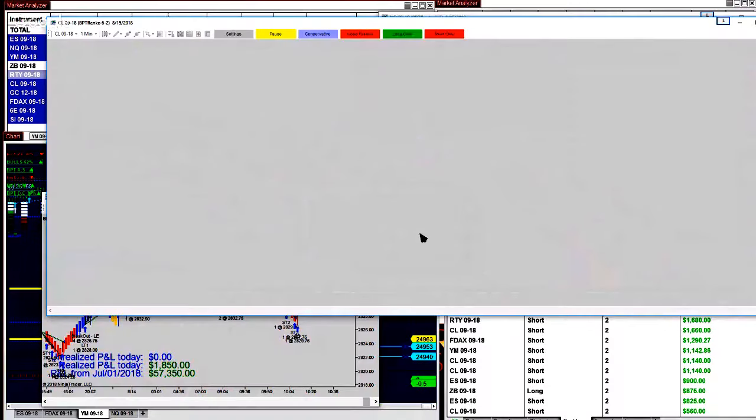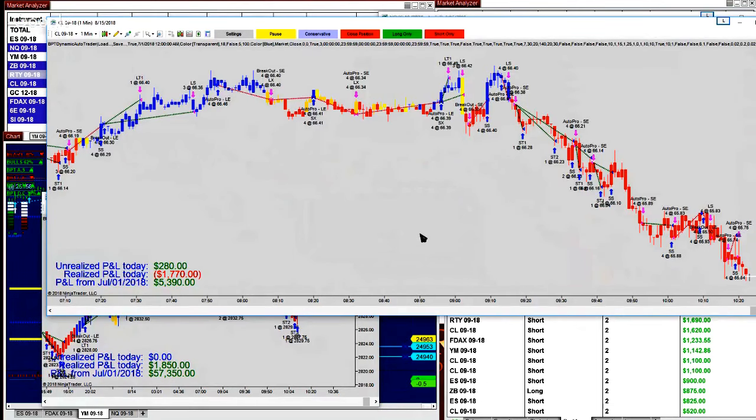This is straight out of the box. I have not optimized it. Okay. Since July the 1st until now, we made 5,390. This is before slippage and commission. And today we are in a shithole for 1,770.